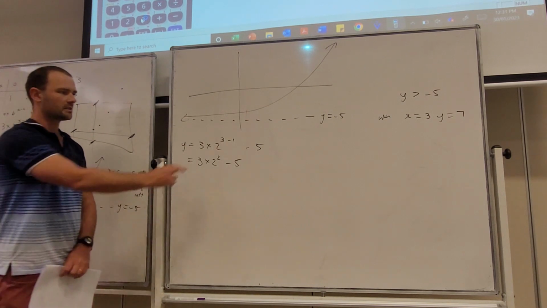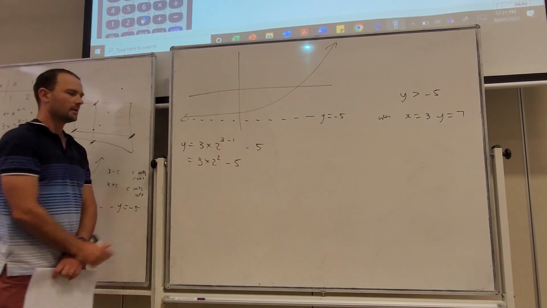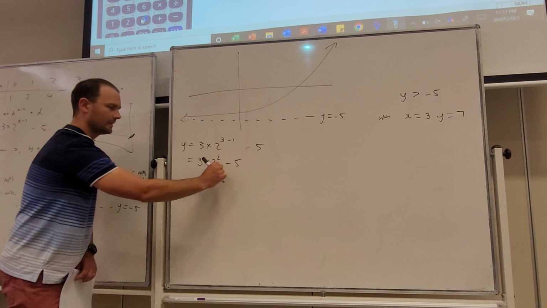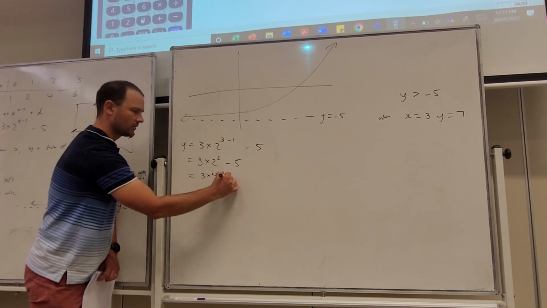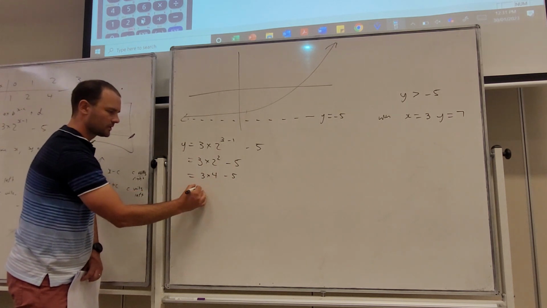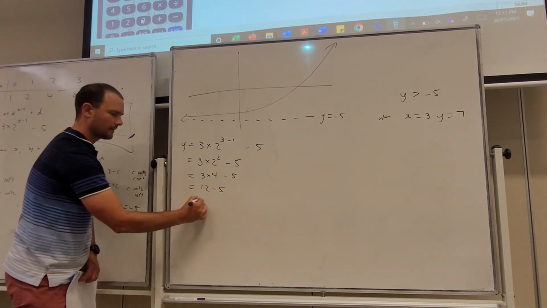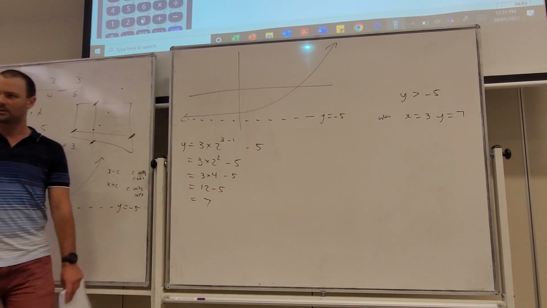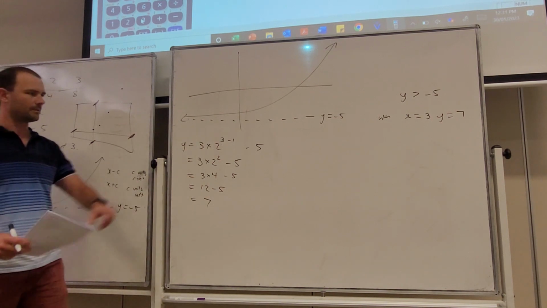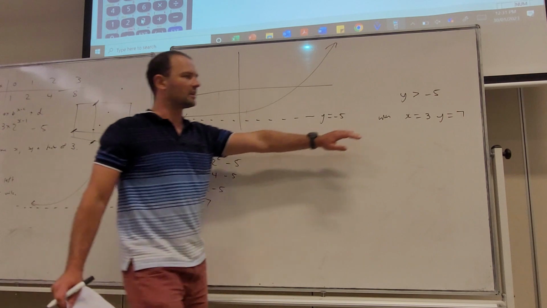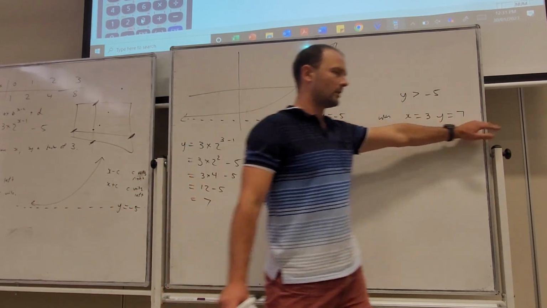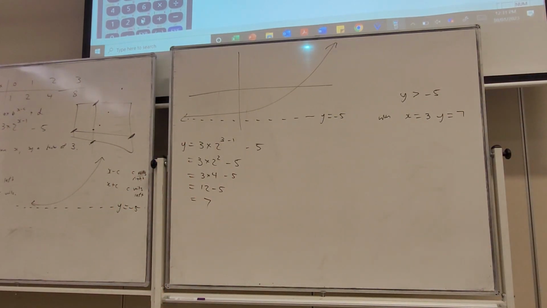So we have 3 times 2 squared, 3 times 4 take 5. 3 times 4 is 12, 12 take 5 is 7. So we expected that to be the case. Here we've done it manually, or we can use our calculator. When x is 3, what's the value of y? 7, just from tracing that out. So there's our answer to part D.